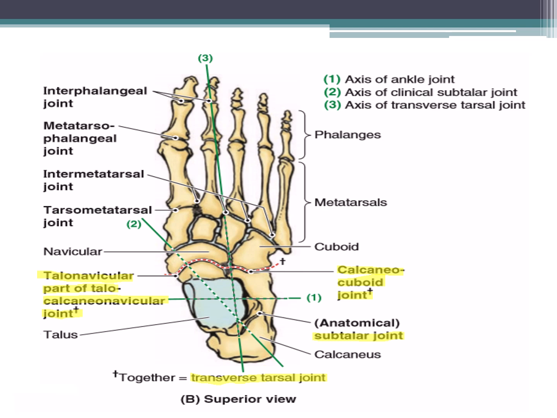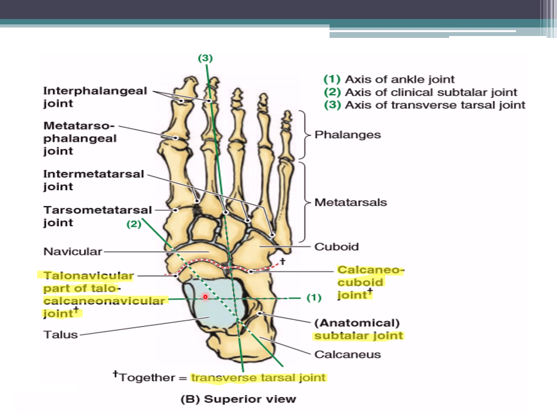But as the talus is the main bone involved in both these joints, neither joint can move alone. Although the subtalar joint is a separate joint having its own synovial cavity, membrane and capsule, it cannot move alone, because the talus is also articulating with the calcaneum anteriorly, forming the talocalcaneal part of the joint.